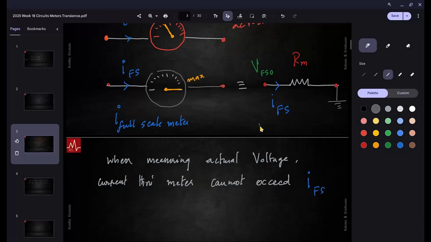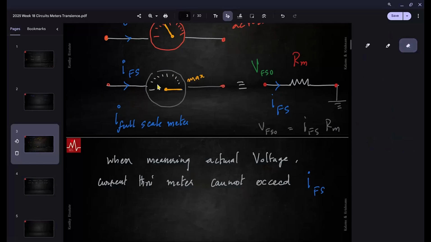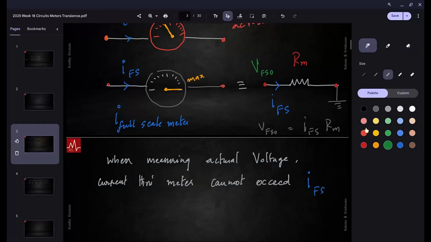The relation is just VFS naught equals IFS times Rm. If you apply half the voltage, there will be half the deviation. So deviation is proportional to the voltage. So this cannot exceed full scale.